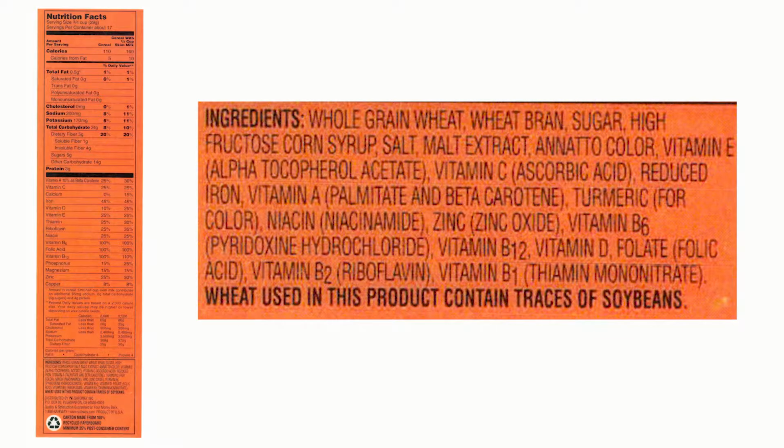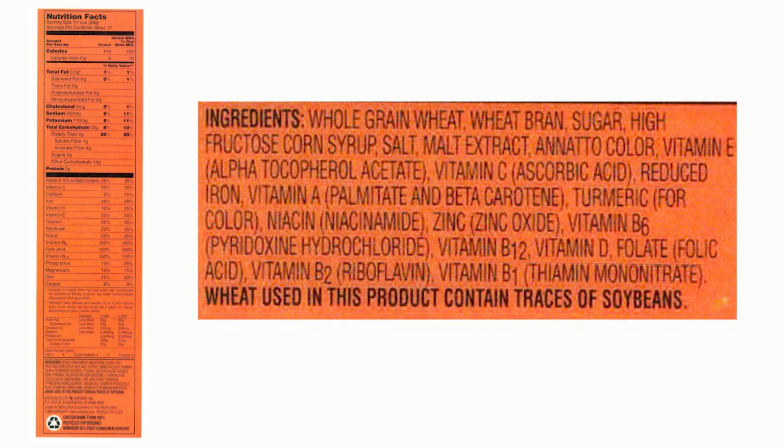On the back side of our label, we want to look at the ingredients list towards the bottom, and the very first ingredient should say whole grain, whole wheat, or 100% in front of that type of grain. In our case here, it says ingredients, whole grain wheat.